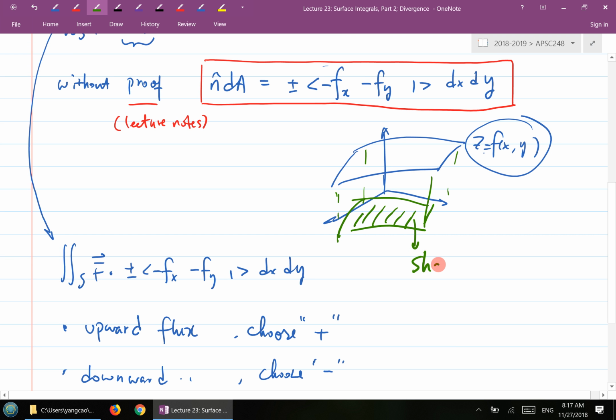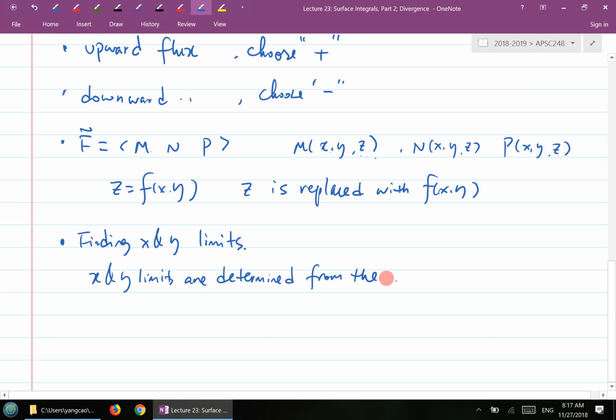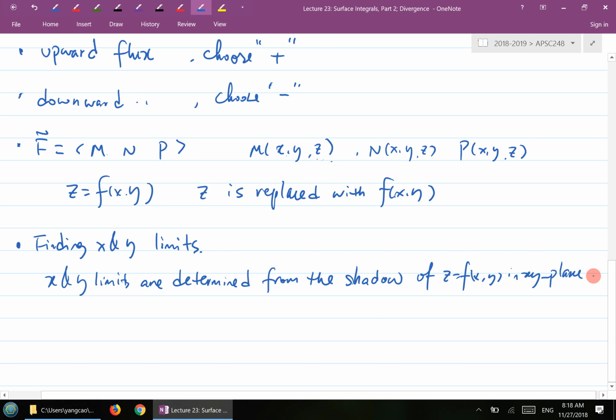So this is the shadow here. Your xy limits are determined from the shadow of this function in the xy plane.